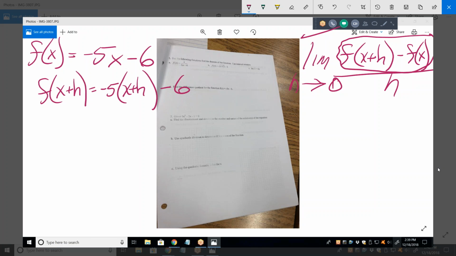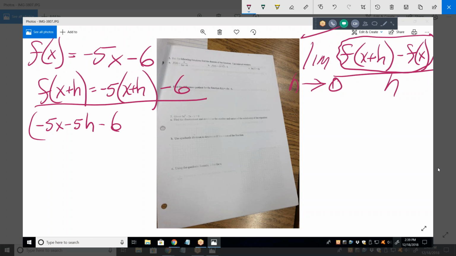What's our numerator going to be? The negative 5x, and I'm going to go ahead and multiply that out, reverse distribute it, and then minus 5h, minus 6. So that's the first thing. That's f of x plus h.